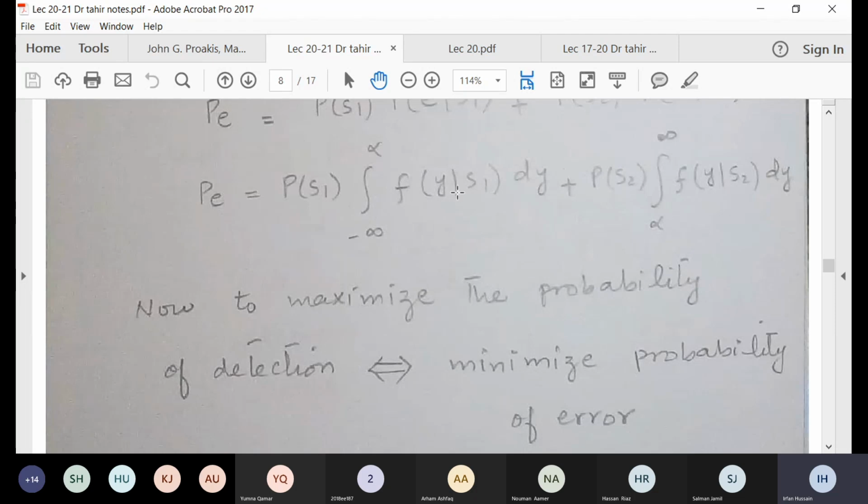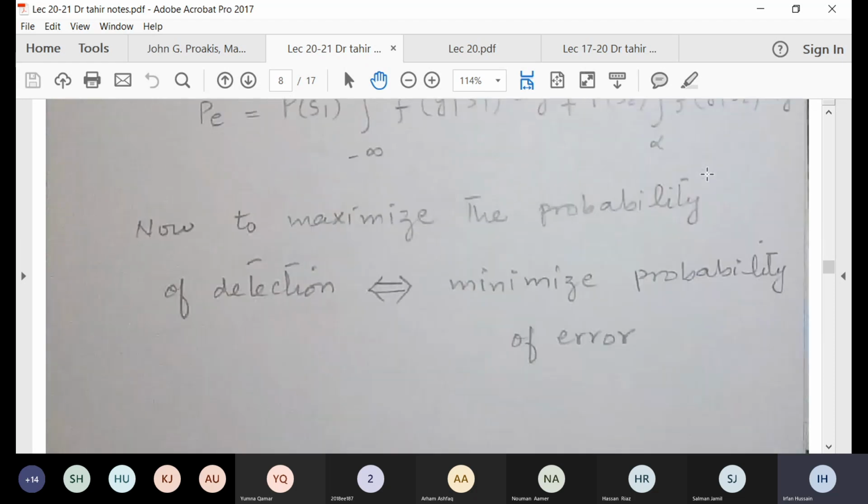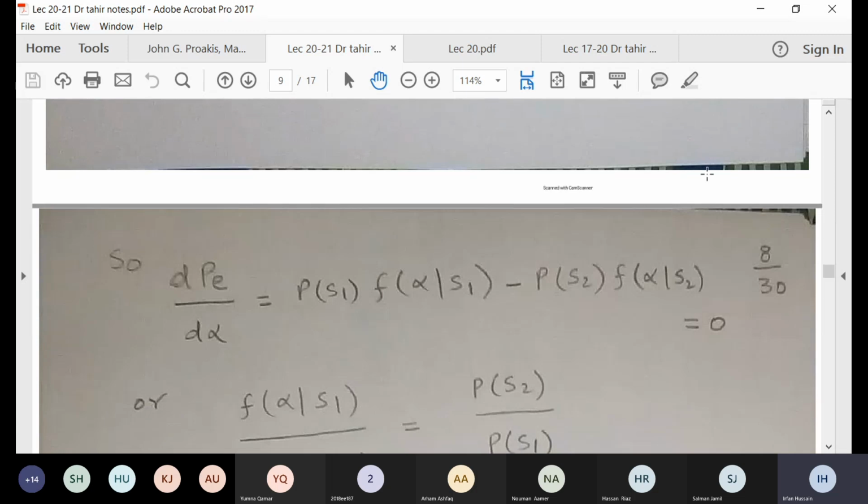The function at minus infinity will be 0. You will just get the function at alpha, and for the other limit, the minus function at alpha.